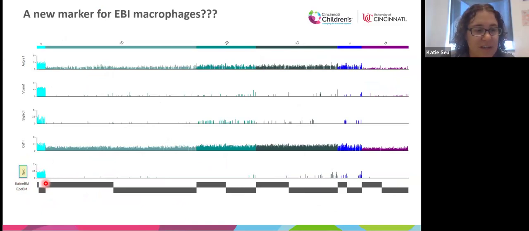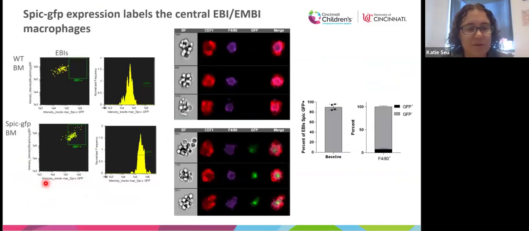So we were already in the process of collaborating with Jason Gardner at the University of Cincinnati, who was also looking at SPICE in a different context, but we had these SPICE mice along with Jason. We looked at their erythroblastic islands, and sure enough, the SPICE GFP labels almost 100% of the erythroblastic islands in the bone marrow of the mice.